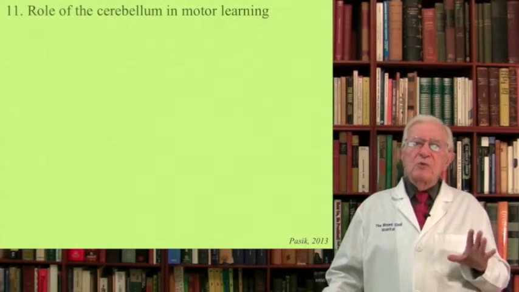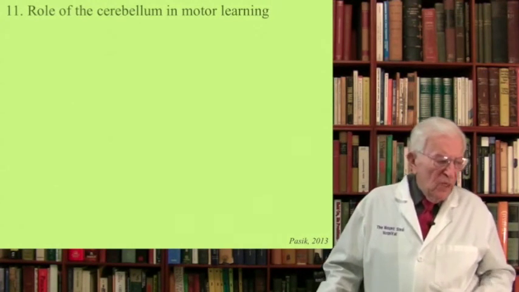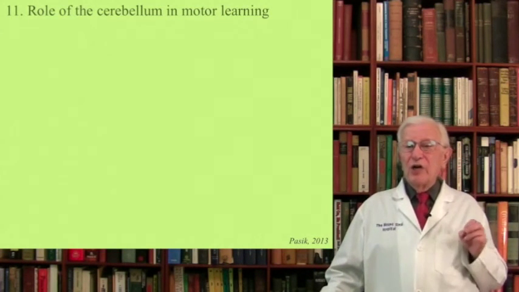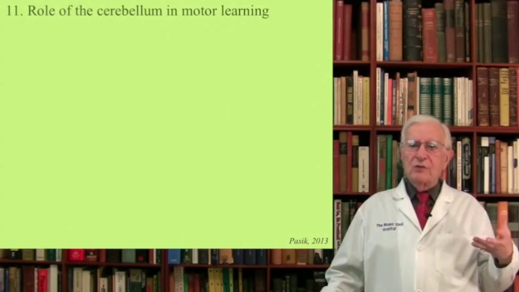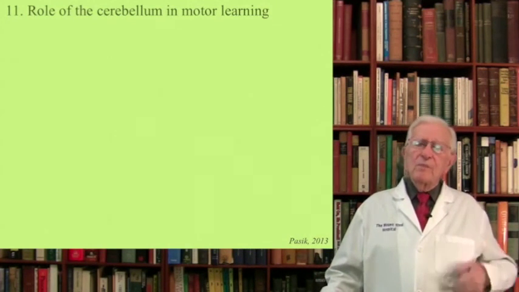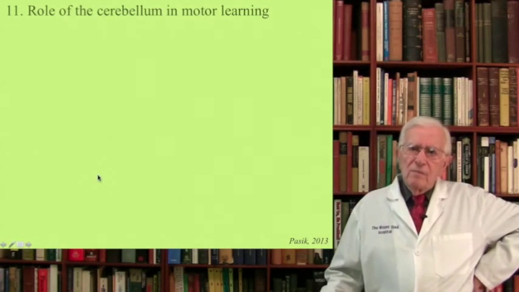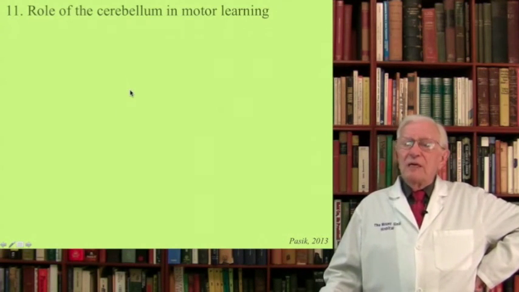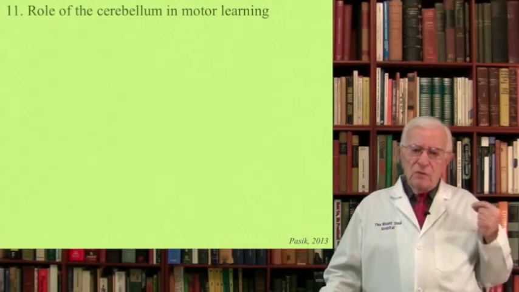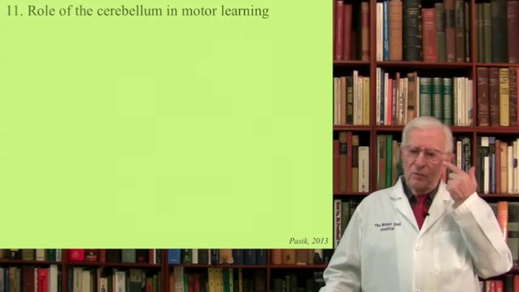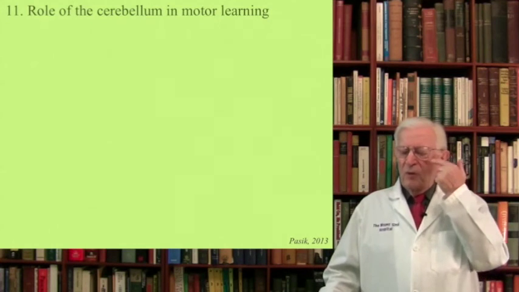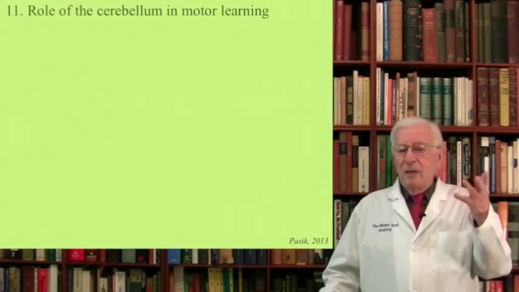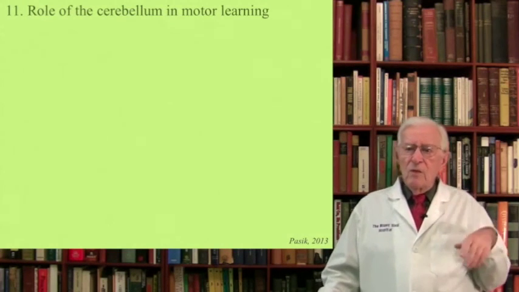Now let me finish with one very recent example showing the role of the cerebellum in motor learning now, not in the motor action, but in the learning of the skill. And for that, the paradigm that was used mostly is the associative eye blink conditioning. You know that you can touch or press the orbit on one side, press the orbit, the animal or the person will feel pain, all right?